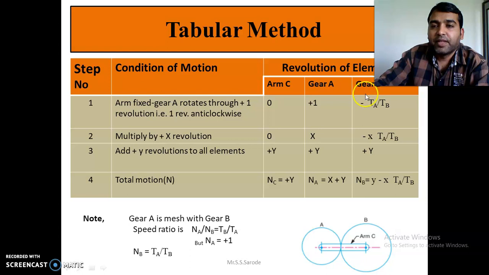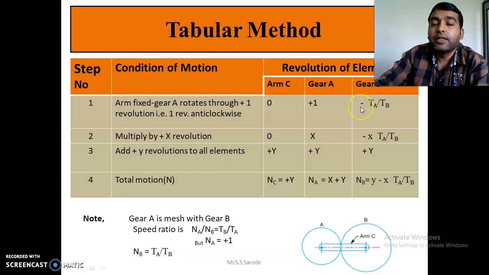Gear B: now we want to find out the speed ratio. So NA upon NB, driver upon driven, and driven upon driver, number of TB upon TA. But we are giving plus 1 to gear A, the input gear. That's why we are getting the equation NB is equal to minus TA upon TB.